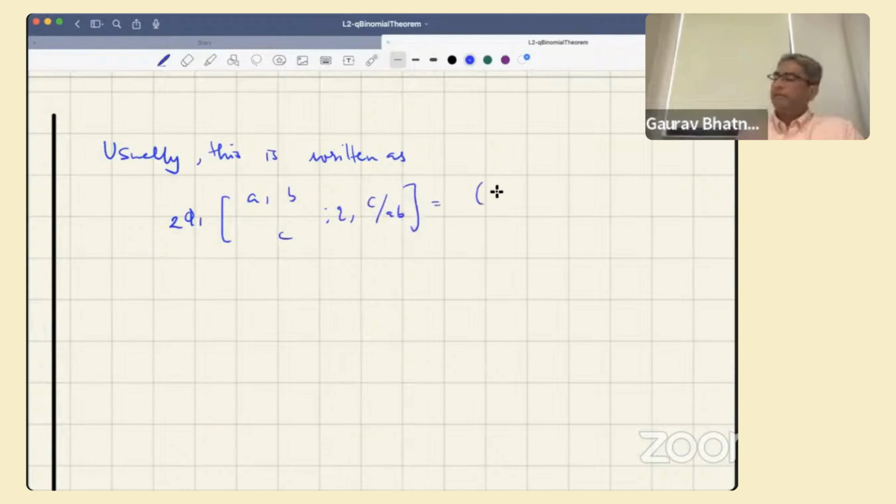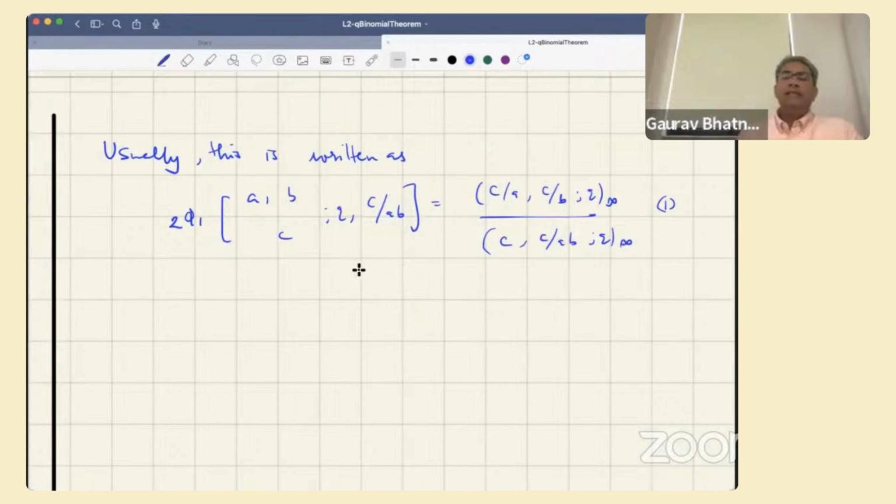And this is (c over a, c over b; q) infinity over (c, c over ab; q) infinity. So this is as it is. So this, let me write it as 1. This is as written in Gasper-Rahman.